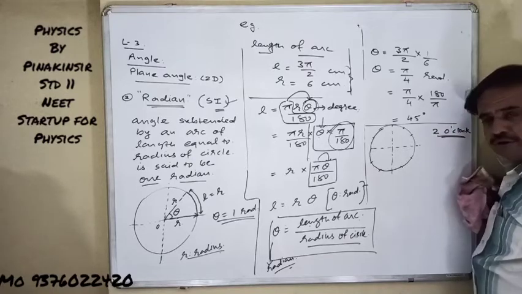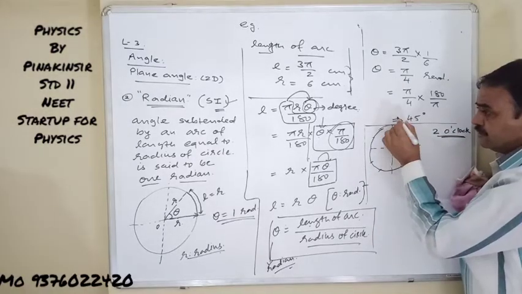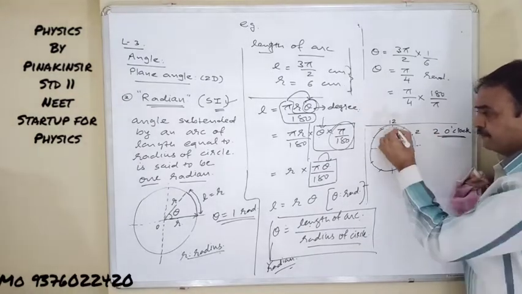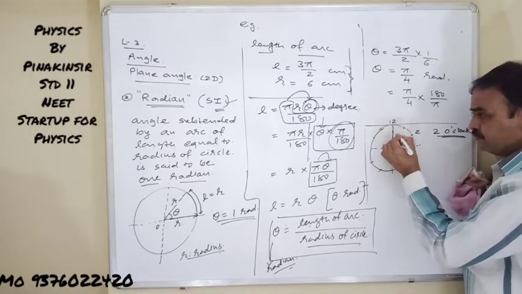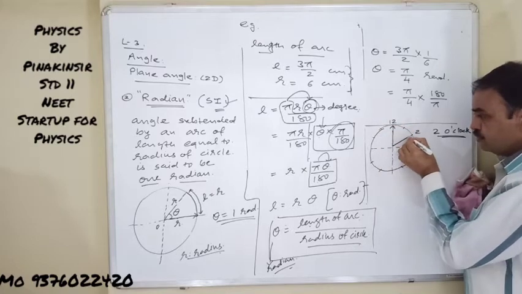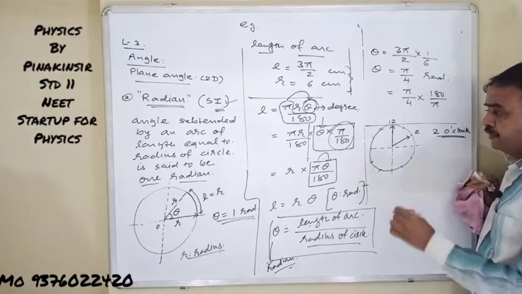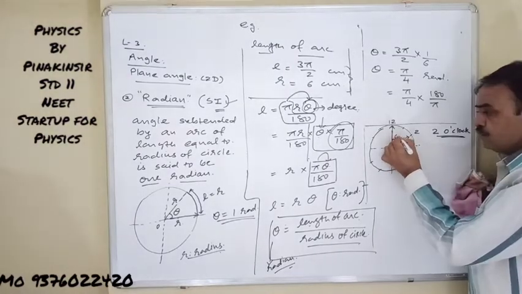For example, 2 o'clock, let us check. See here, 12 will be here, 2 will be there. Your minute hand will be here, and at 2 o'clock, the hour hand will be exactly on 2. That particular angle you have to measure.